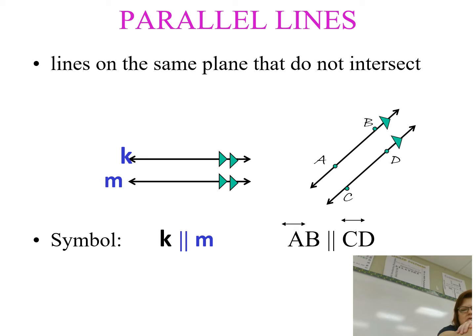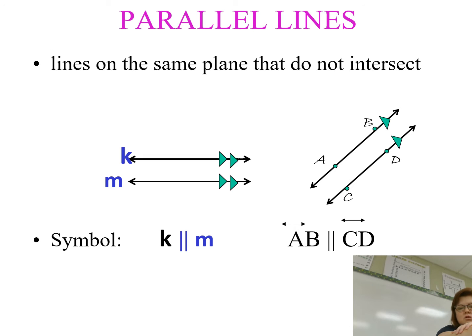So when you see that, you know those are parallel lines. Or if you have the symbol with the names, line K is parallel to M, or line AB is parallel to line CD. So that's an easy one to remember. And we see parallels everywhere we go. But they're also on the same plane.